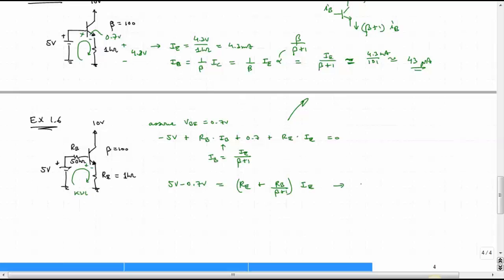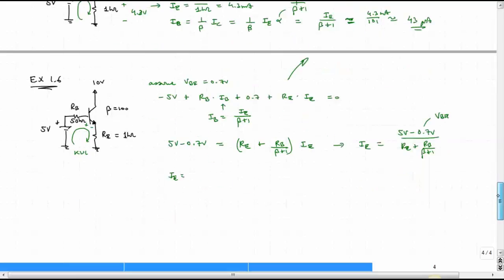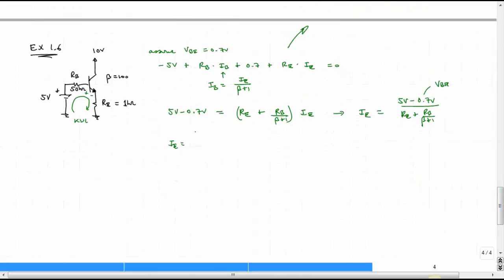And now we can write IE is going to be equal to 5 volts minus 0.7 volts, that's the VBE, divided by RE plus RB over beta plus 1. If we plug in some numbers for that, we'll see that we have 4.3 volts over RE is 1K and RB is 50K.